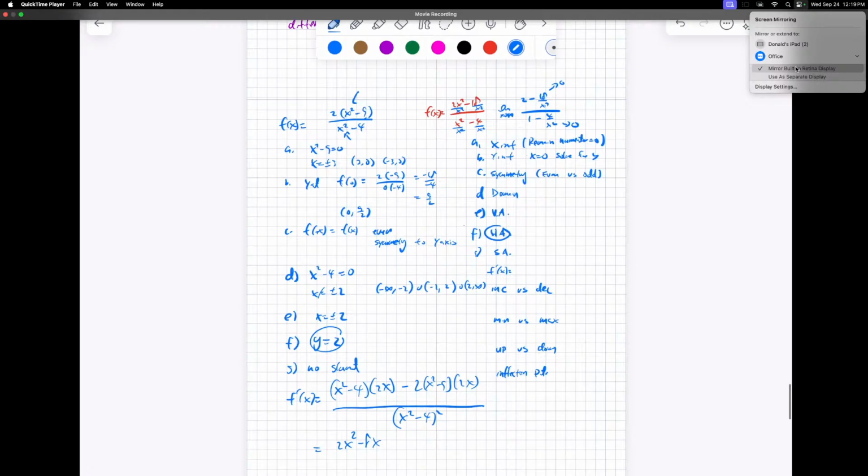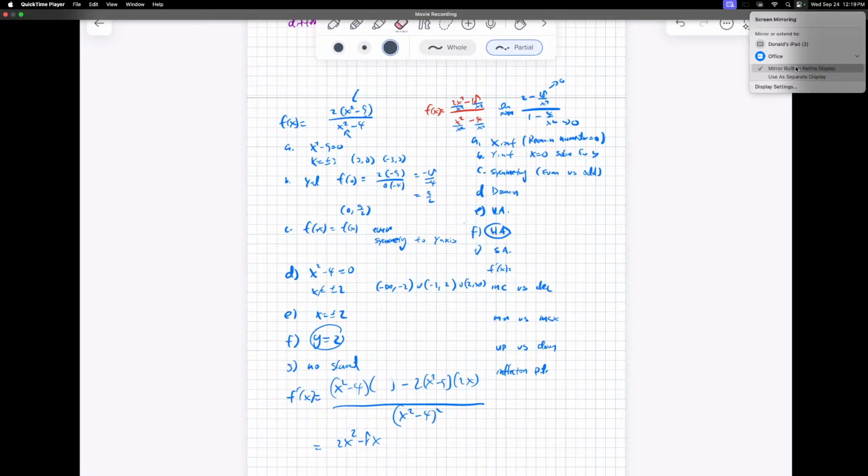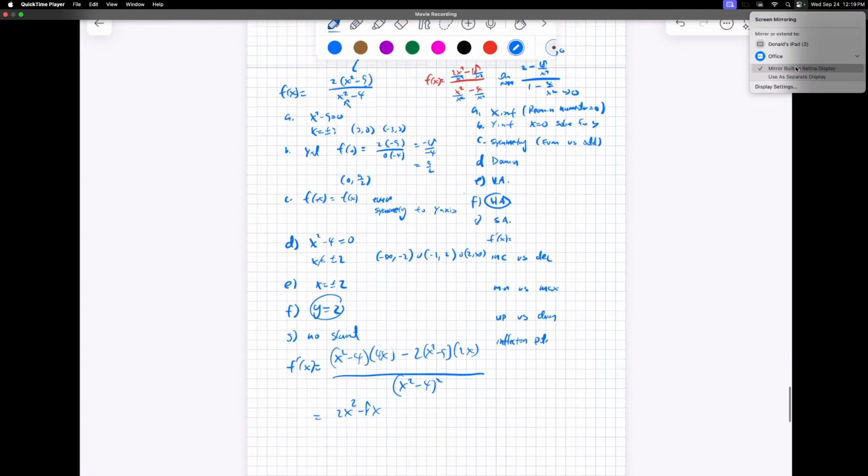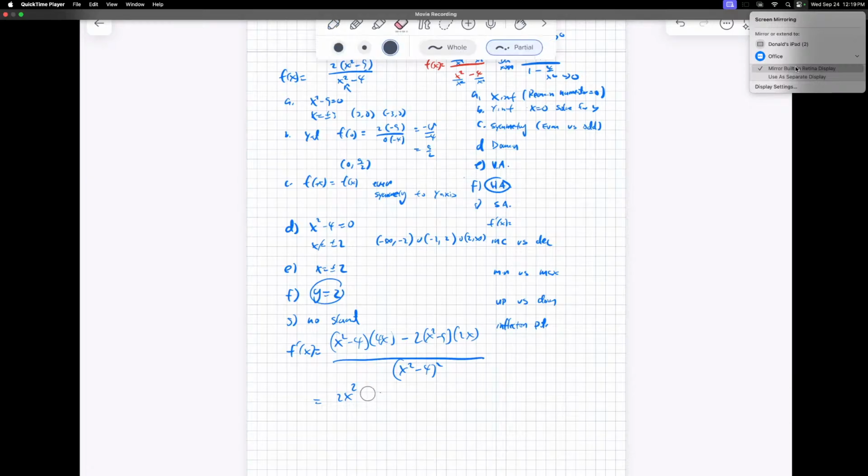It should be 4x, right? High D low. So this one is going to be minus 16, 4x cubed minus 16x, minus 4x cubed, and a plus.